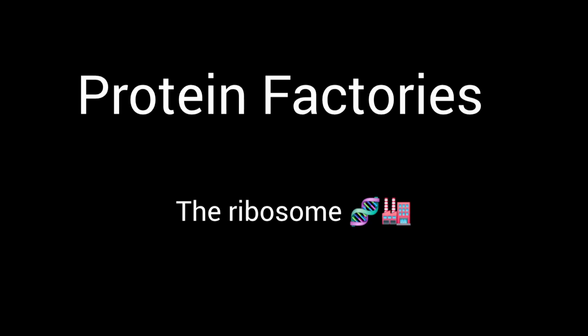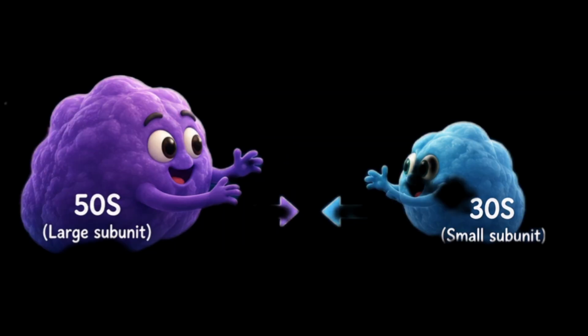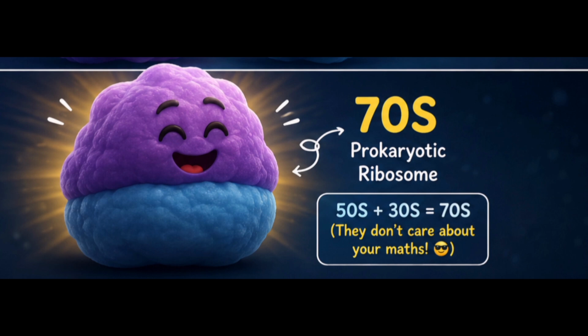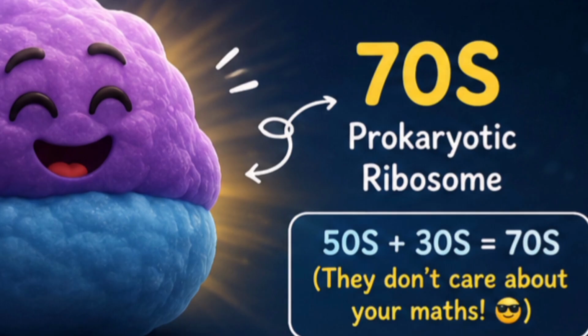Now let's meet the protein factories of prokaryotic cell, the ribosomes. The prokaryotic ribosomes are 70S ribosomes made of two subunits, a large 50S subunit and a small 30S subunit. And before you say, wait, 50 plus 30 is 80, these ribosomes don't care about your math.